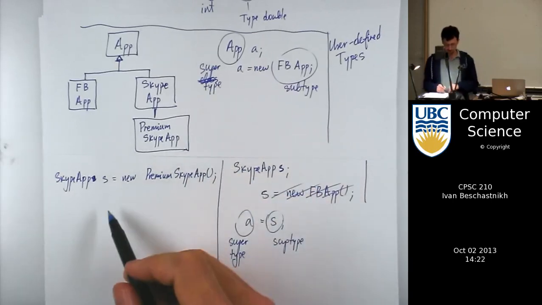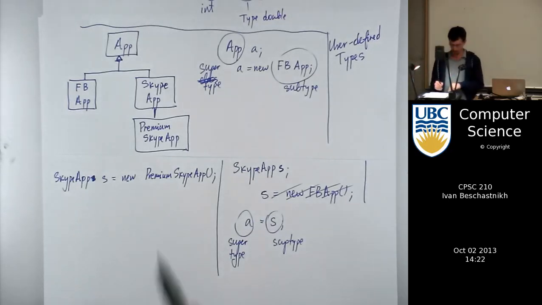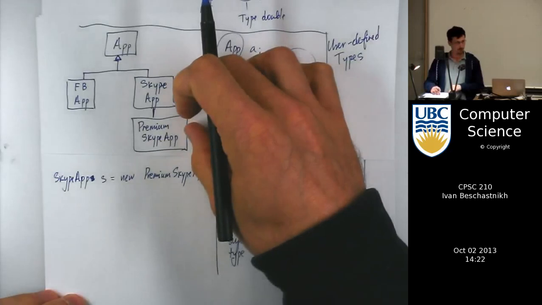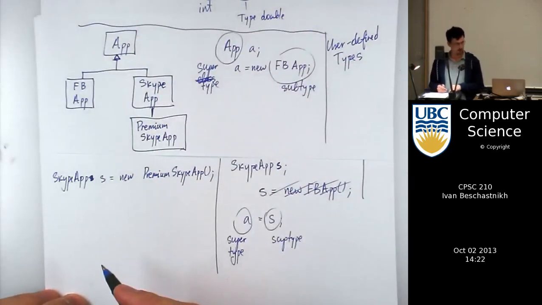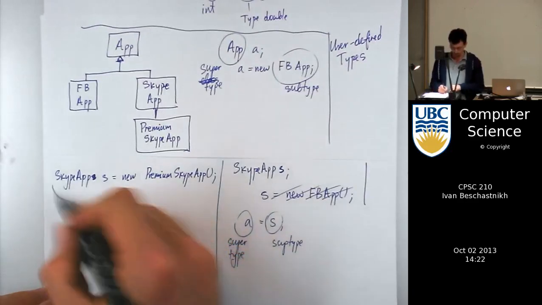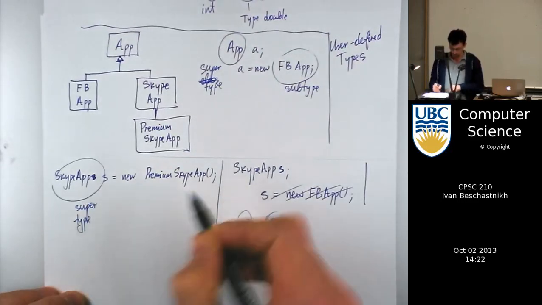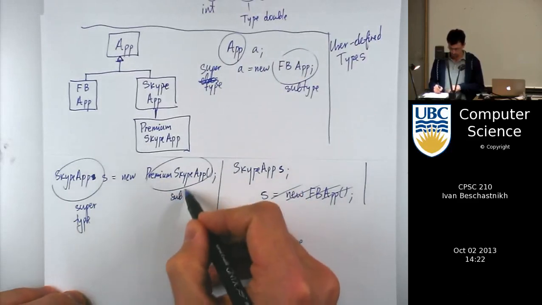Is this okay? It is, because we have a similar relationship. I just built the type hierarchy a little bit deeper. So this is still the supertype, and this is still the subtype.